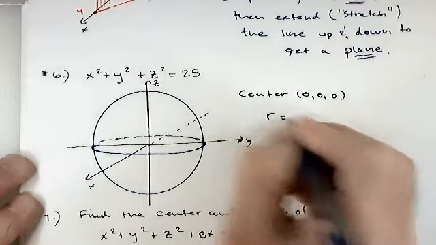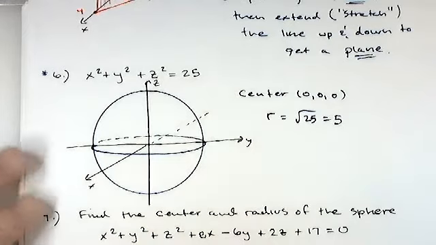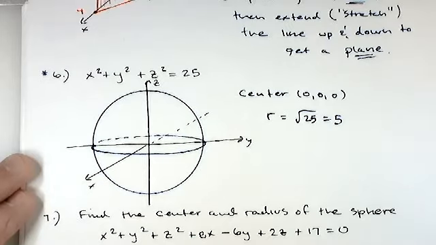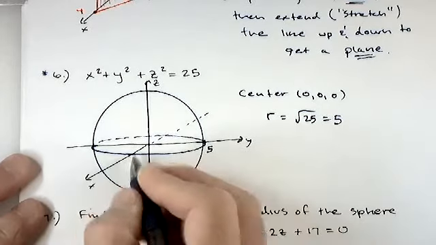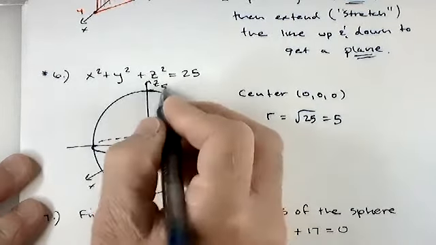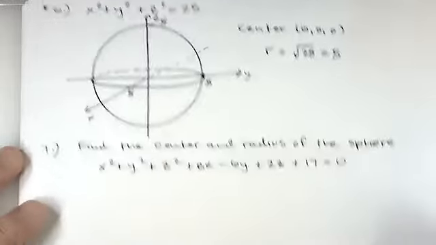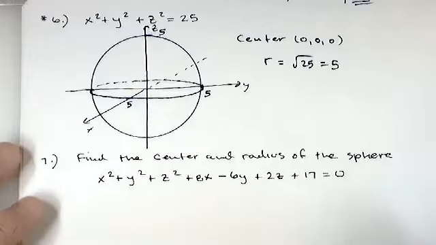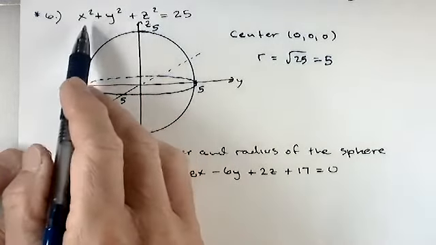And just like with circles, my radius is not 25, it's the square root of 25, which is 5. So you could label that as 5. It's hitting here at 5, hitting here at 5. And how do I put this?